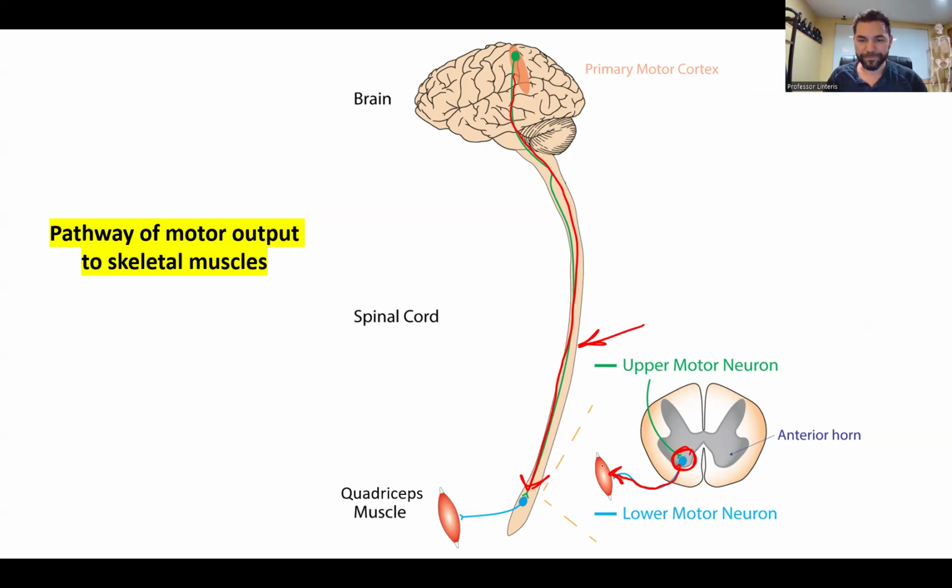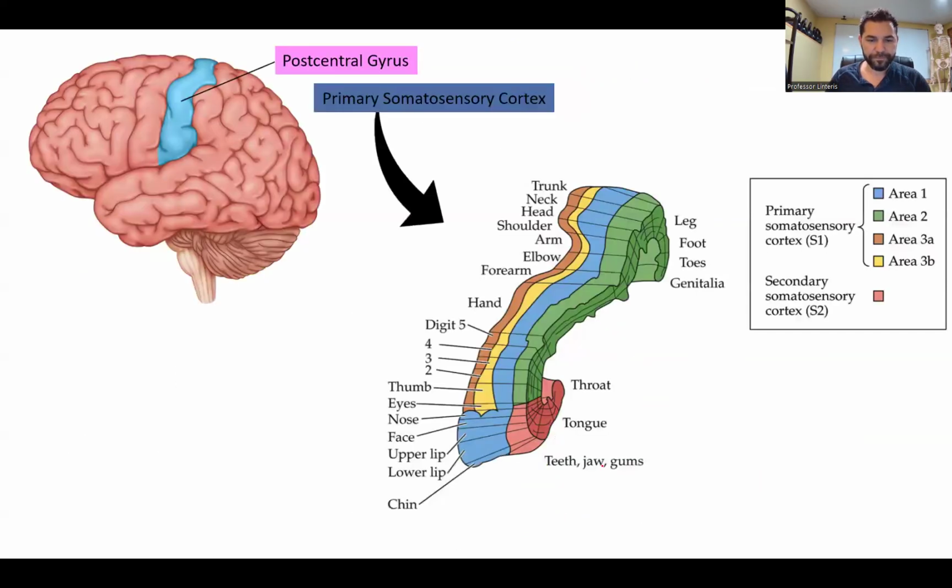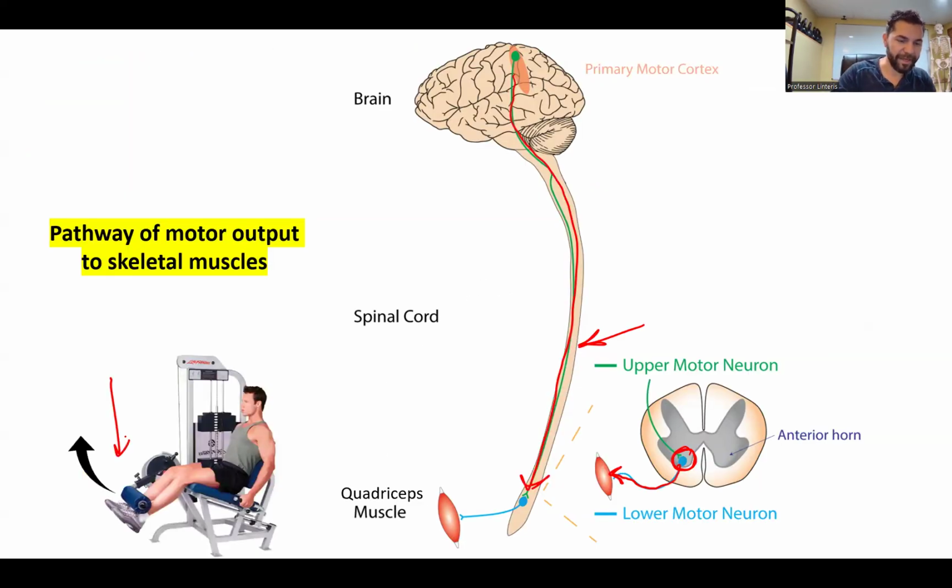Pretty straightforward, right? Obviously, this guy doing some leg extensions. And that message, obviously, if you have both legs involved, is coming from both precentral gyruses. If you had one leg involved, it would be coming from the opposite, right? So right leg extension, left precentral gyrus.